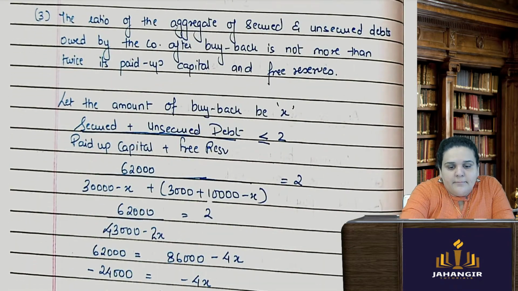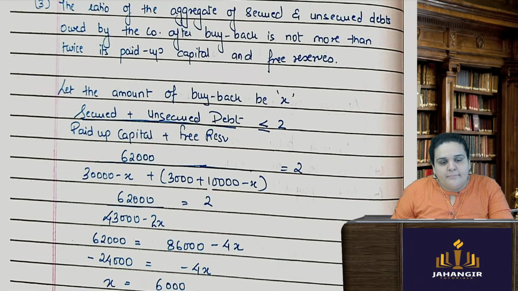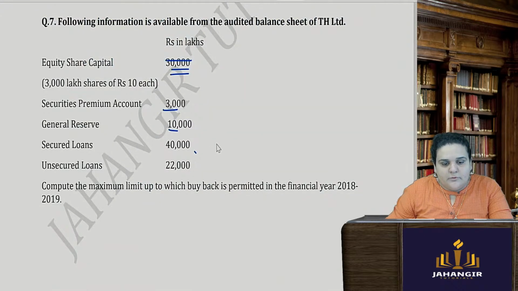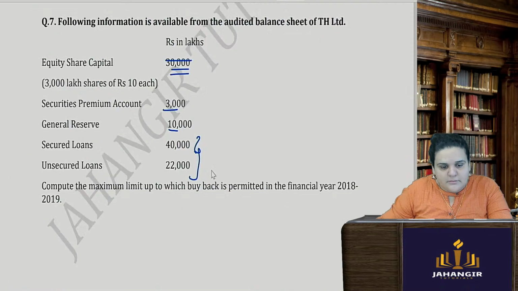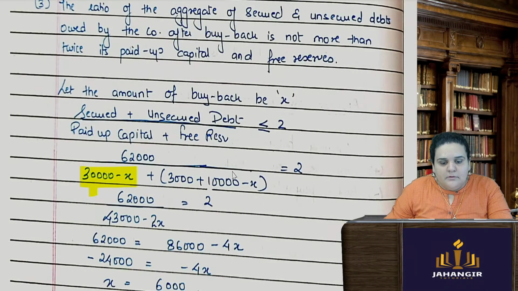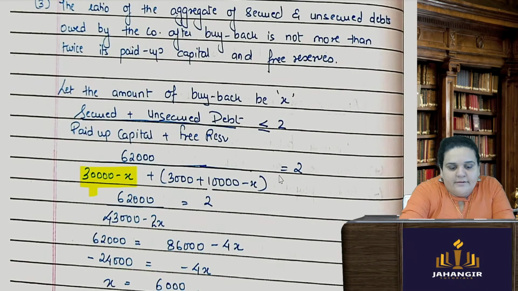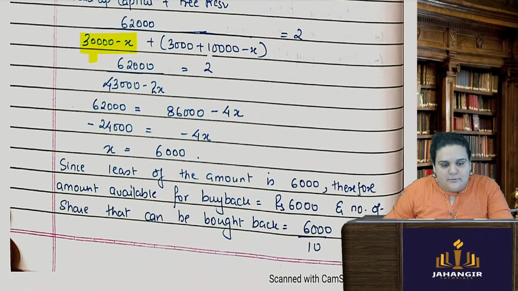Okay. So now same thing, let the amount of the buyback be X. Secured plus unsecured debt total is 62,000. Amount paid up capital after buyback will be 30,000 minus X, plus I will also remove it from my reserves. So 3,000 plus 10,000 minus X, that will be equal to 2. So when I calculate, X will come as 6,000.